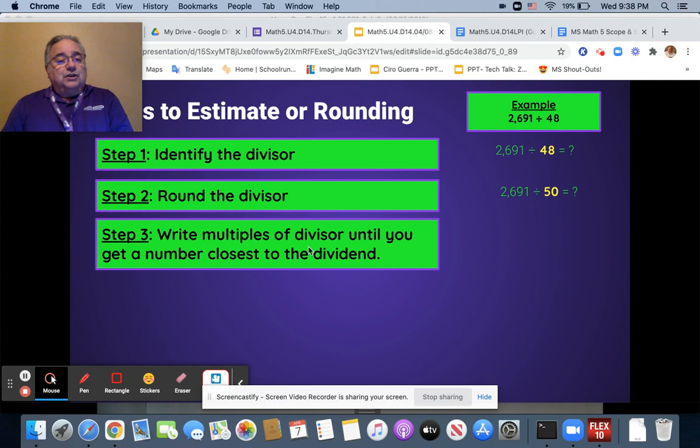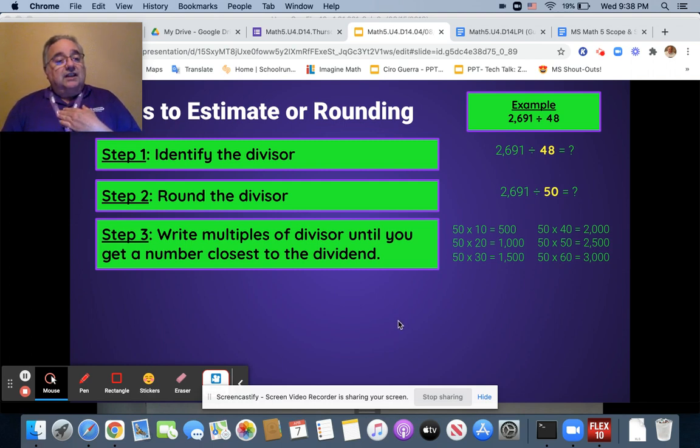So what we look for is multiples of the divisor, multiples of 50. We're going to take 50 and multiply it by 10, 20, 30, 40, 50, and 60. Where does the dividend fit between these multiples? We find 2,500 and 3,000.